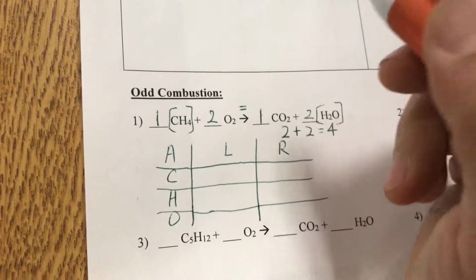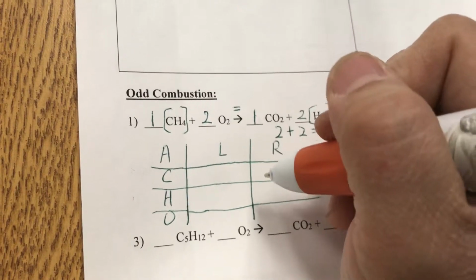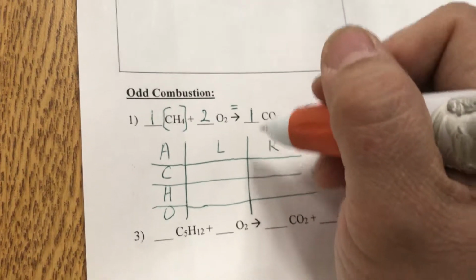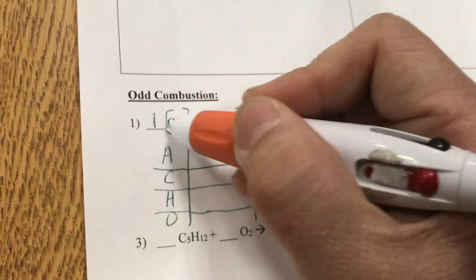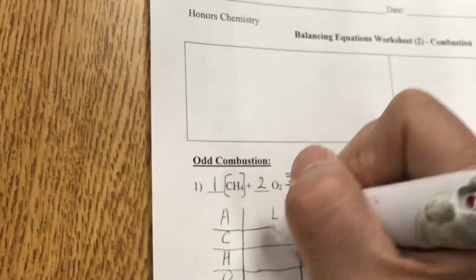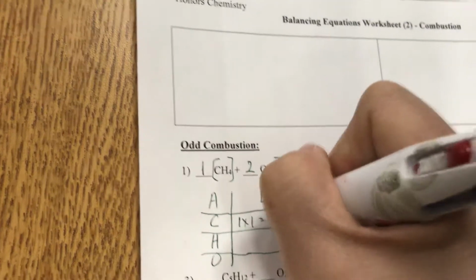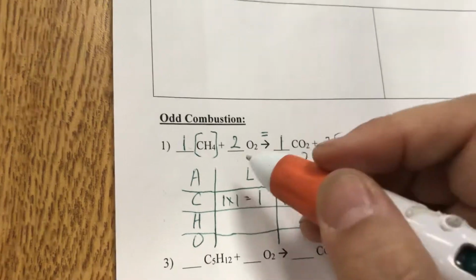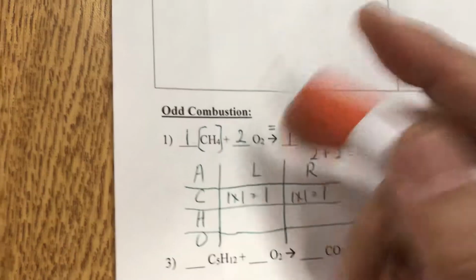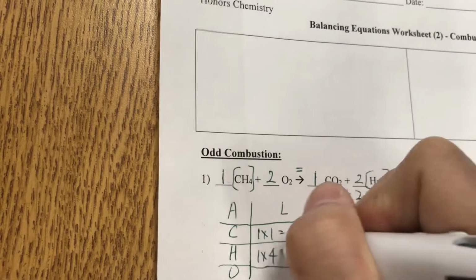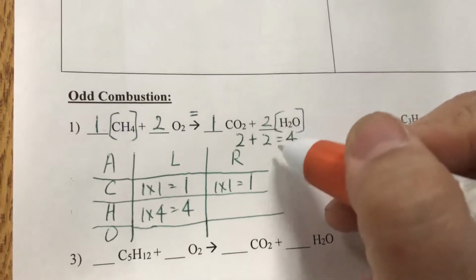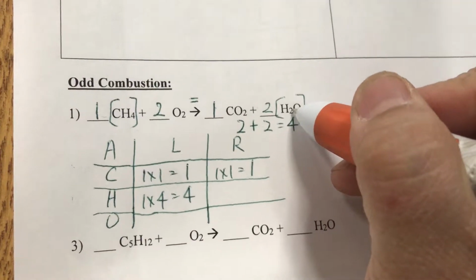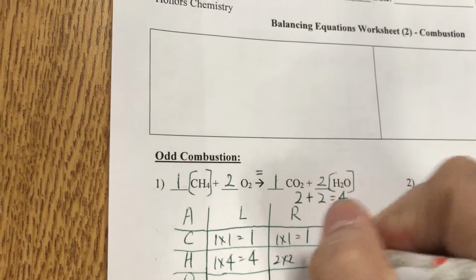So we start to check the math. Now here we need to do a little math to show. So for the C, don't just write 1. You have to put 1 times 1 equals 1 on the left. The right-hand side is also 1 times 1 equals 1 for the carbon. Now, hydrogen is 1 times 4 equals 4 on the left. And the right-hand side is 2 times 2 equals 4.